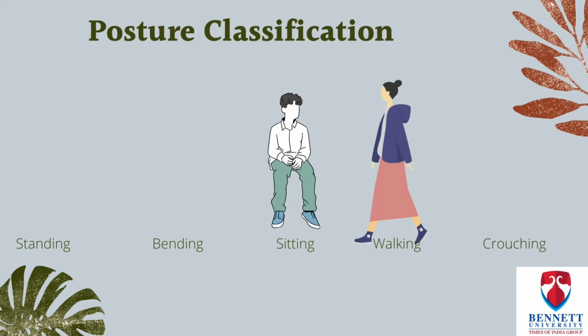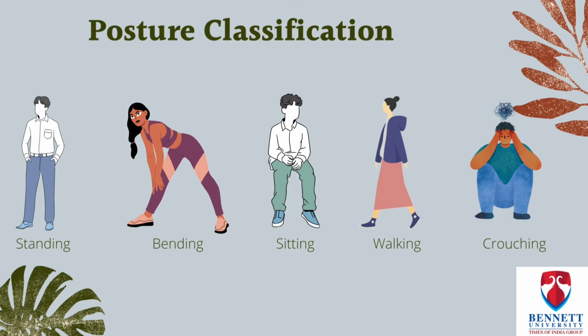Now, coming towards postural classification. Once the body posture is modeled, posture recognition is performed in a supervised classification approach using an SVM classifier. With its different kinds of kernels, SVM has the ability to handle non-linear as well as high-dimensional classification problems.